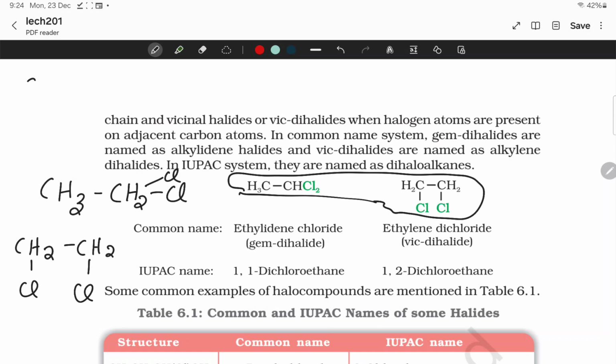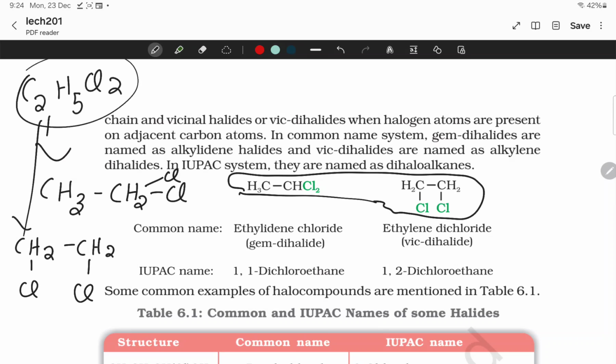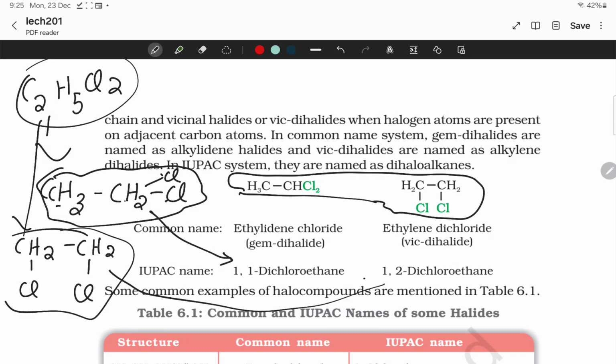So the formula is C2H4Cl2 for both compounds, but the arrangement is different. If it has this arrangement, we IUPAC name it as 1,1-dichloroethane. If it is this, we'll name it as 1,2-dichloroethane.